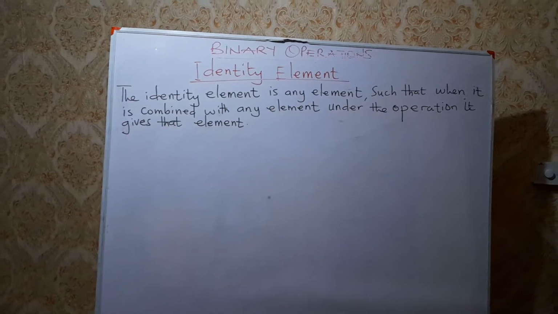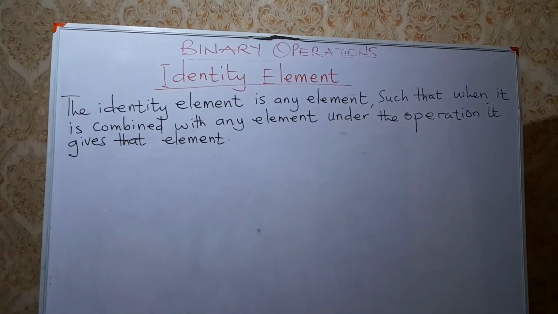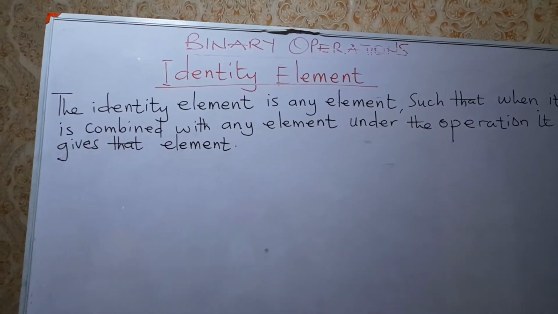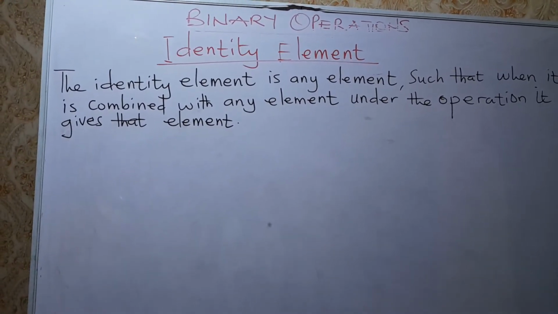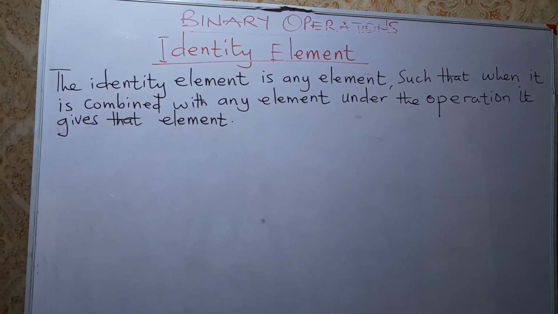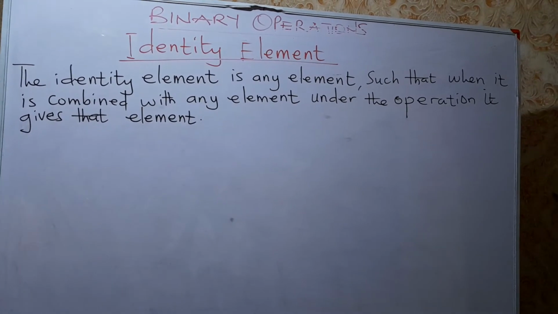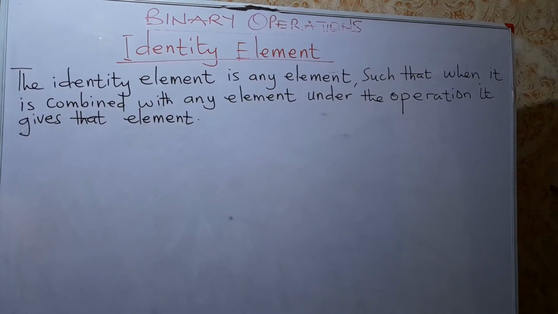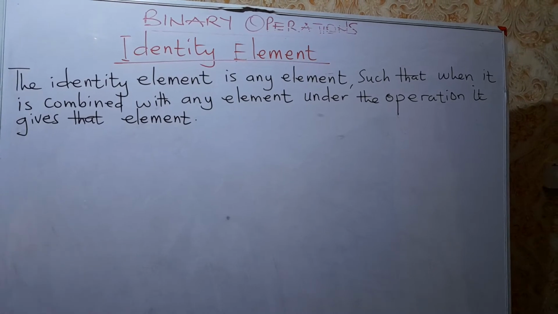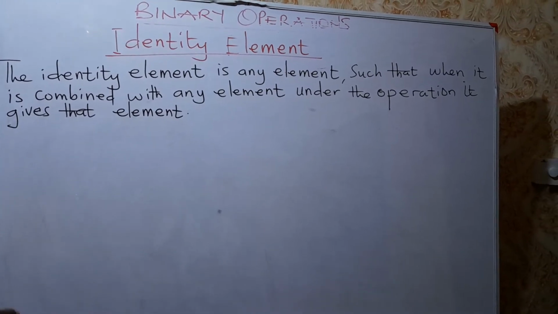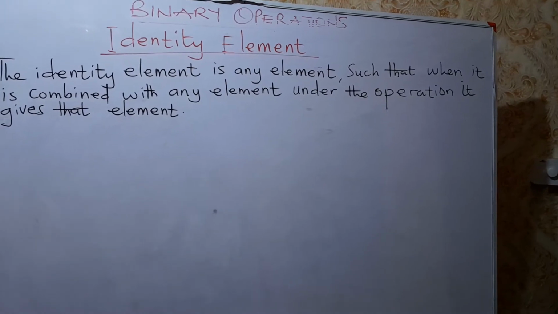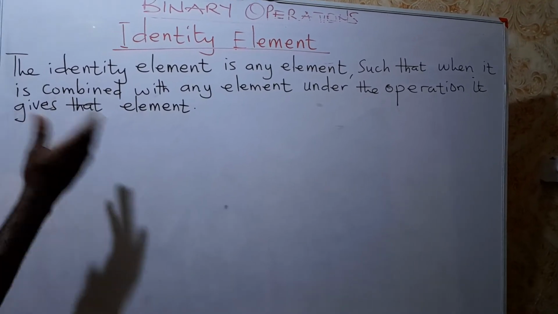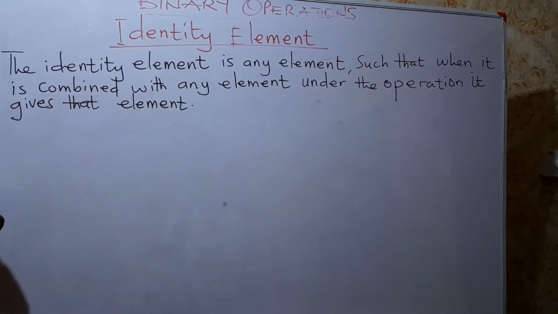So our next thing we'll be doing is an identity element. Now when we say an identity element under a binary operation, what are we referring to? The identity element is any element such that when it is combined with any element under the operation, then it will give that element. So this literature can be deduced into mathematical explanation.